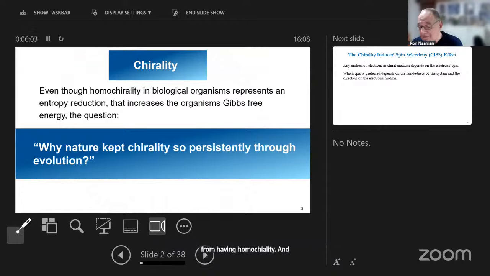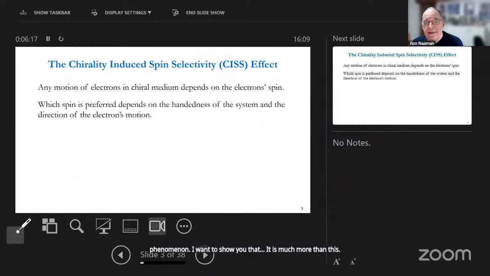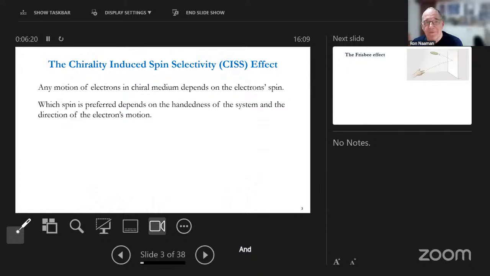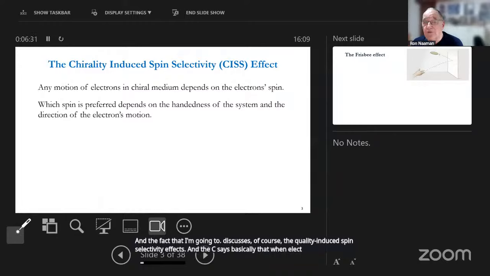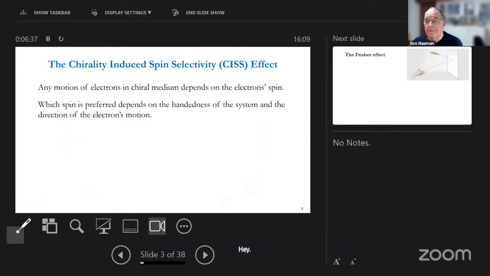I think usually it was assumed that chirality is mainly a structural phenomenon. I want to show you that it is much more than this. The effect that I'm going to discuss is, of course, the chirality-induced spin selectivity effect, CISS. CISS says basically that when an electron moves within a chiral potential, the motion of the electron is spin dependent.